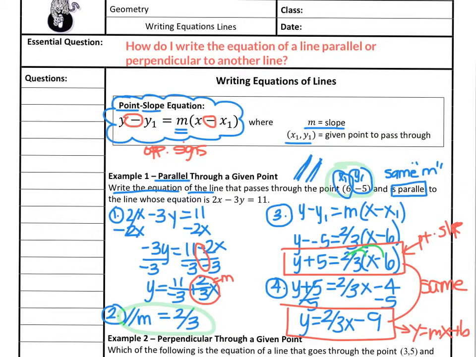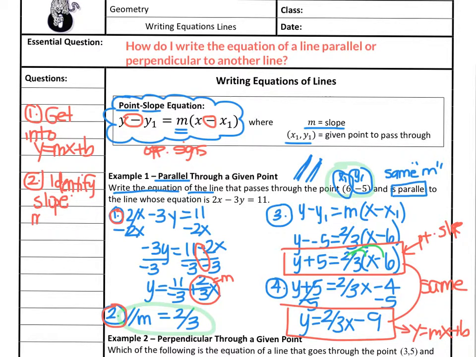So our steps, step 1 that we did here was to get our equation in y equals mx plus b. Okay, then step 2, we had down here, we had to identify the new slope that we needed.